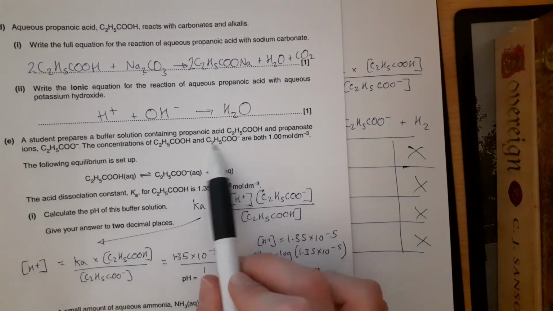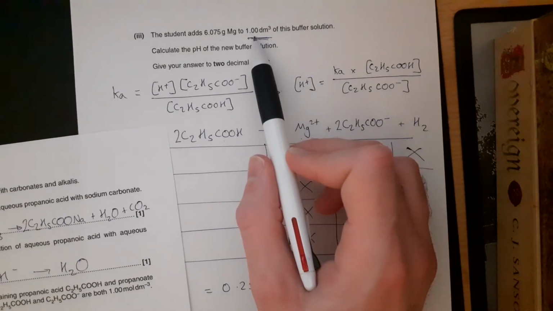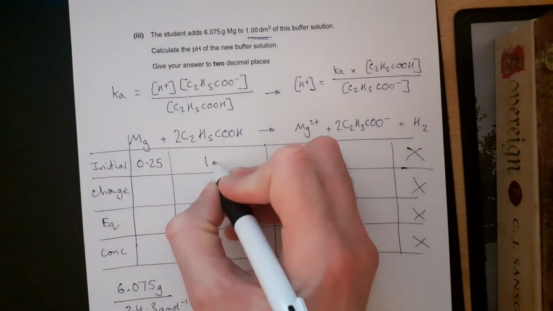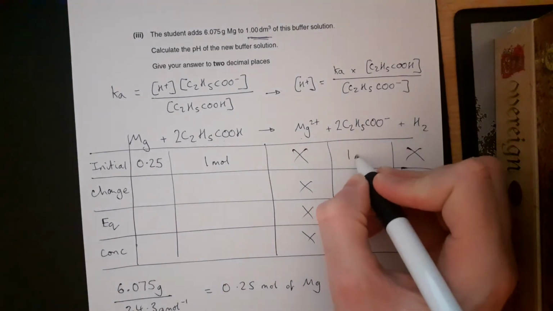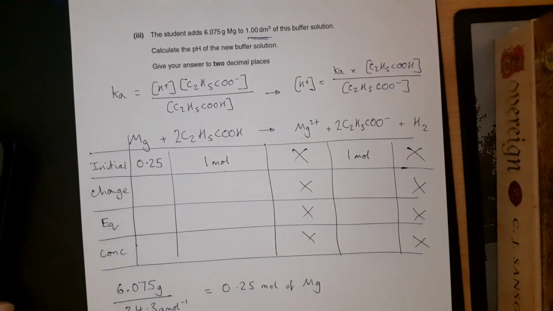So if these were both 1 mole per decimeter cubed, and we've got 1 decimeter cubed, then we would have started with 1 mole here, and we would have started with 1 mole here as well. Okay, so we've got to be really careful there. These are usually 0 when you're starting off with buffer solutions, but not in this question. So make sure you've read back to the start of the question.